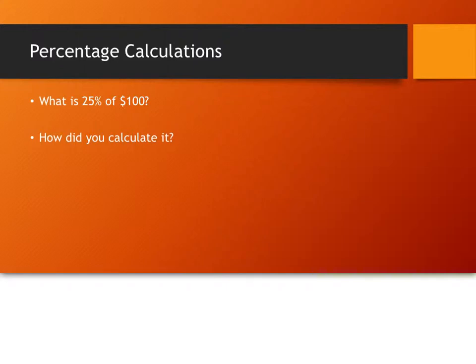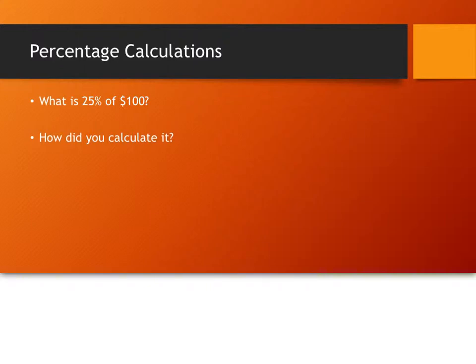So since we're talking about sales tax and we know that they're all percentage based, you should ask yourself, how do you actually calculate with percentages? We're going to look at the first example and say, okay, if I ask what is 25% of 100, how do you calculate that? Most people are going to just write out 25% of 100.